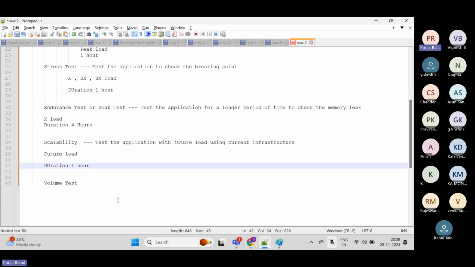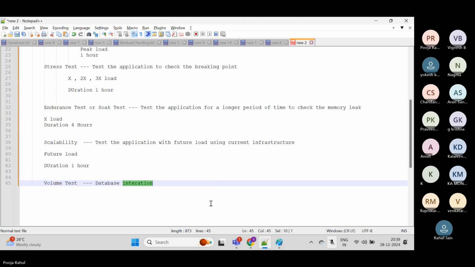Volume test. So you are going to test database interaction. You are going to identify a scenario or business flow where you are going to have more database interactions. That is where you are going to do volume testing.